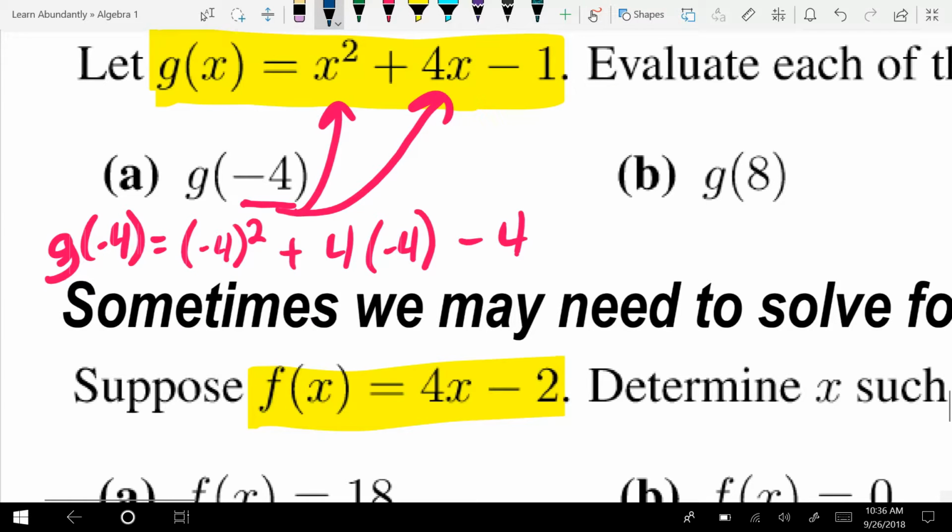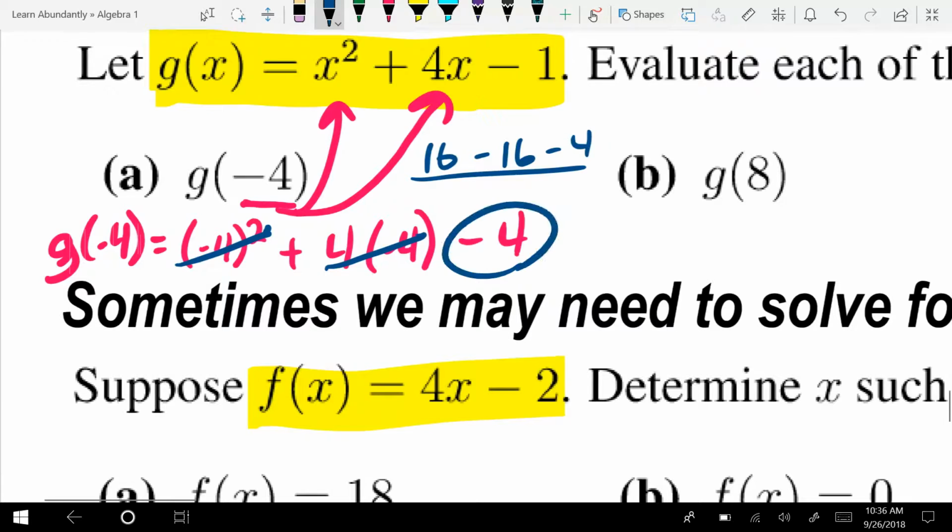Negative 4 squared with parentheses ends up being 16. 4 times negative 4 ends up being minus 16. And then we have minus 4. Combine those together, and I end up with just g of negative 4 equals negative 4.